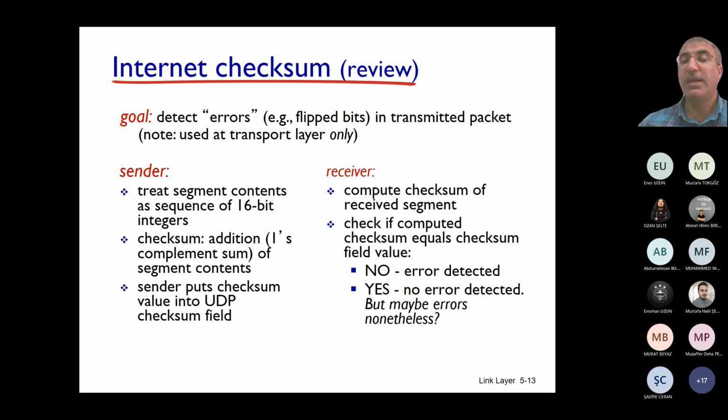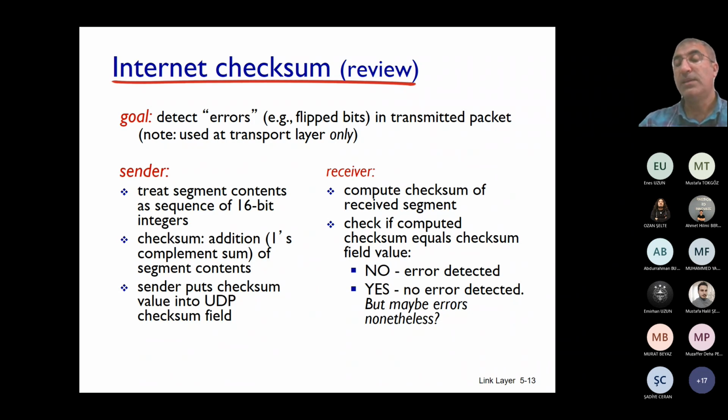Let's refresh our minds. At the sender side, we treat the segment contents as a sequence of 16-bit integers, and then we add them up using the ones complement sum. Then we put the checksum value into the UDP header, and we send this along with the data.